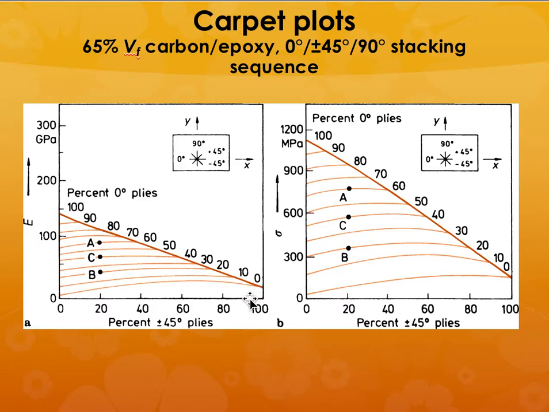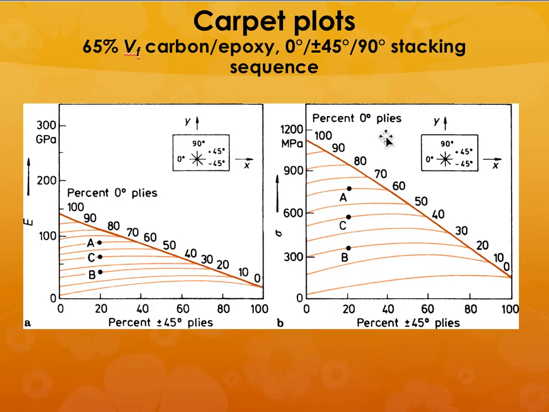Even before you make the actual composite, you can calculate what kind of properties you are going to get for a combination of lamina, and then compare that with the property you actually get. It tells you how good your processing has been and whether the processing has introduced any defects or not.